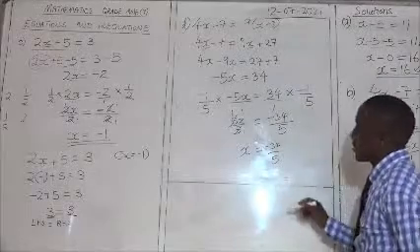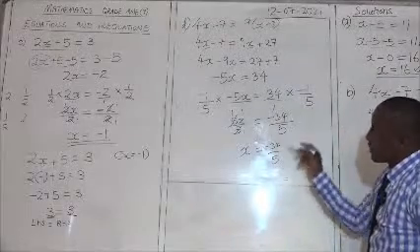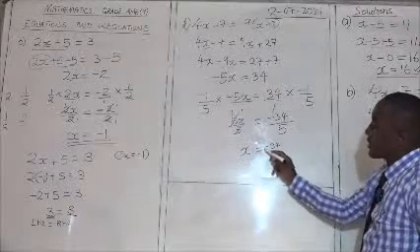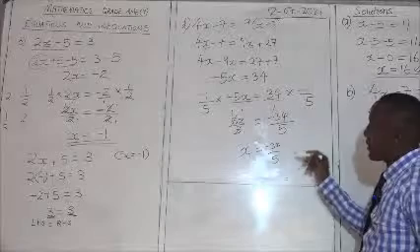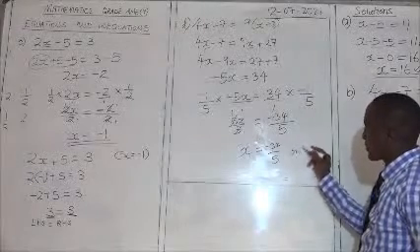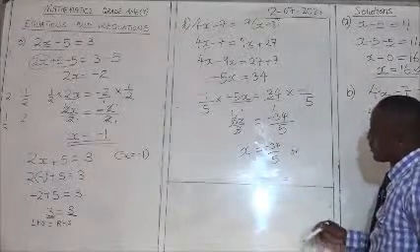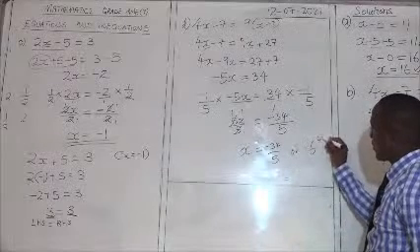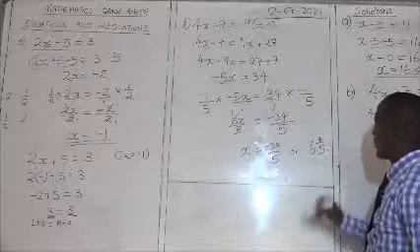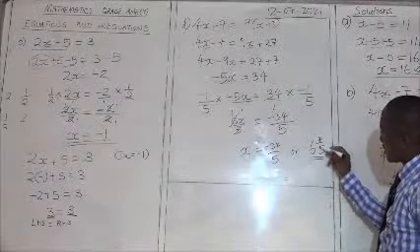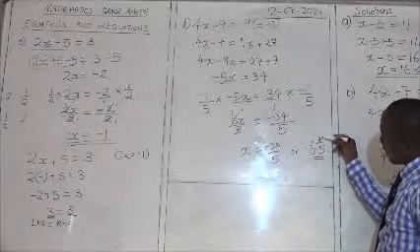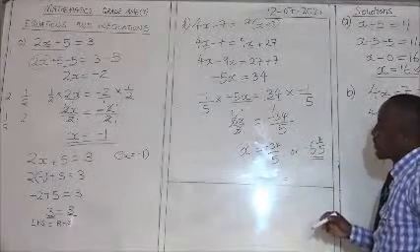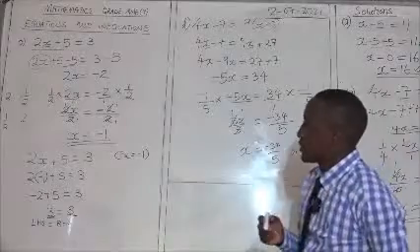If you want, you can leave the answer just the way it is, x is equal to negative 34 over 5, or you can say 5 into 34 gives us negative 6, then remainder 4 over 5. This negative 6, then 4 over 5 is just the same as negative 34 over 5.